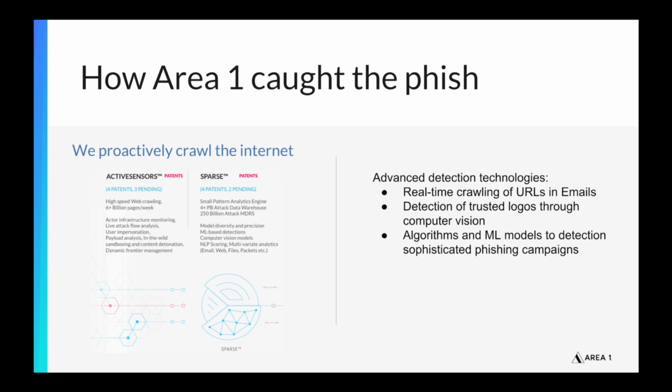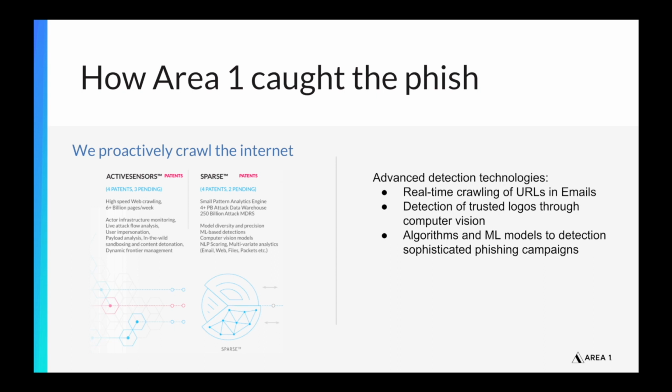Our crawler is something that happens proactively on the back end, but we do have this technology incorporated within our email detection that allows us to quickly identify URLs that contain malicious content. Those URLs could be shortened, or they could be, in this case, hidden behind a bunch of redirects. So we will crawl those all the way to the end to find out what's sitting behind those URLs.